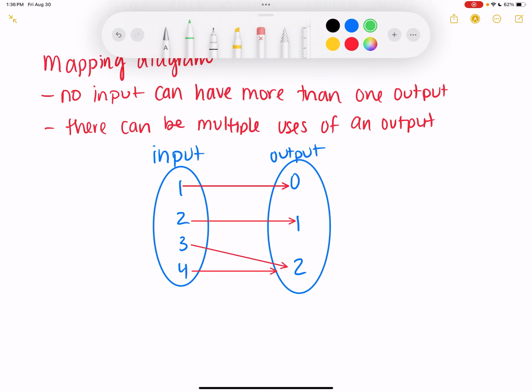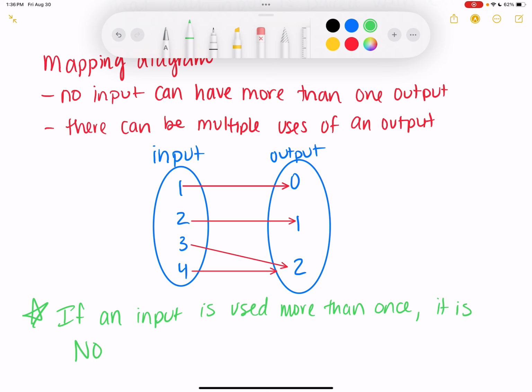Something to note is that if an input is used more than once, it is not a function.